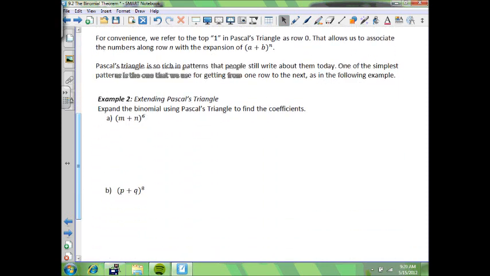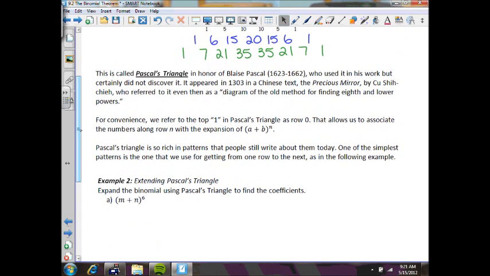Now, Pascal's triangle is so rich in patterns that people still write about them today. One of the simplest patterns is the one we're going to use for getting from one row to the next. So if I have to do m plus n to the 6th power, that's going to be our blue row up there.